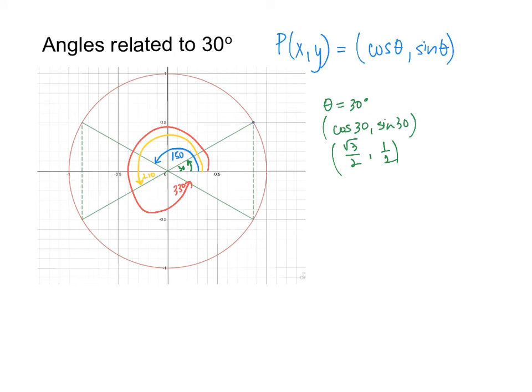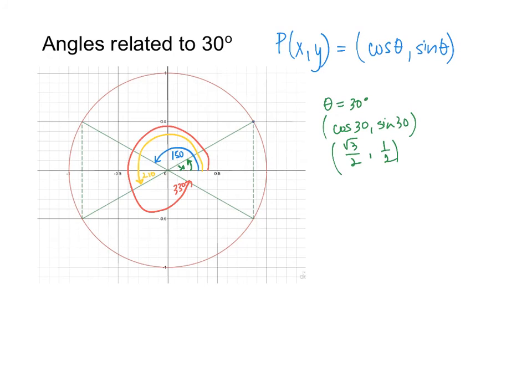We have looked at 4 angles in this video, and I'm going to just review. For the green angle of 30 degrees, the point here is going to be cos 30, sine 30, and we get root 3 over 2 and 1 over 2. For the blue angle, theta equal to 150, we find the same thing using the related angle.